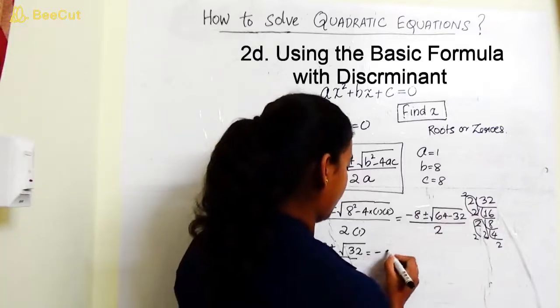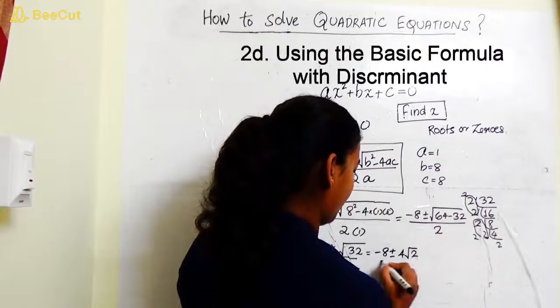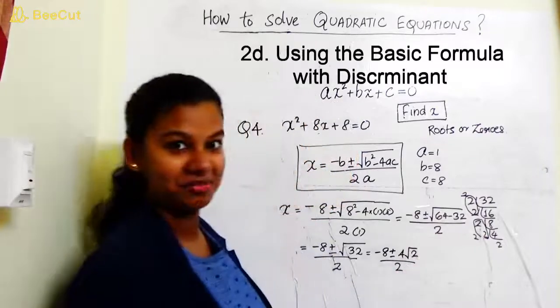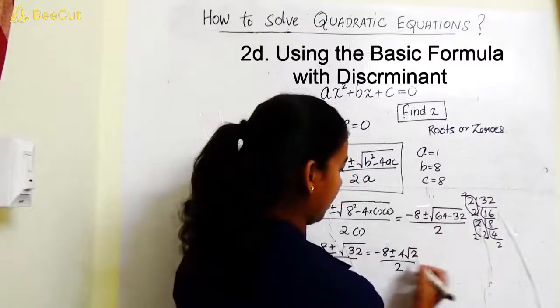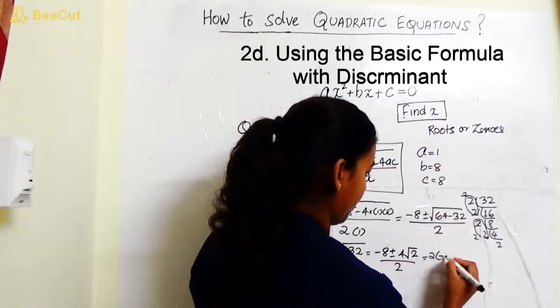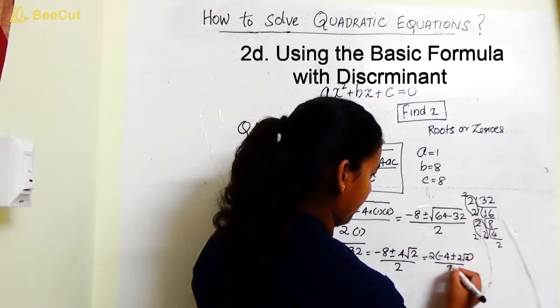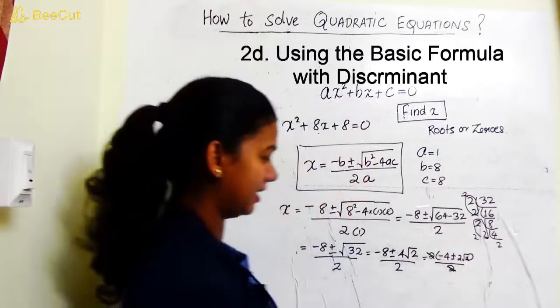So I will write it as minus 8 plus or minus 4 root 2 divided by 2. So if I am taking 2 common, 2 into minus 4 plus or minus 2 root 2 divided by 2. I can cancel this.